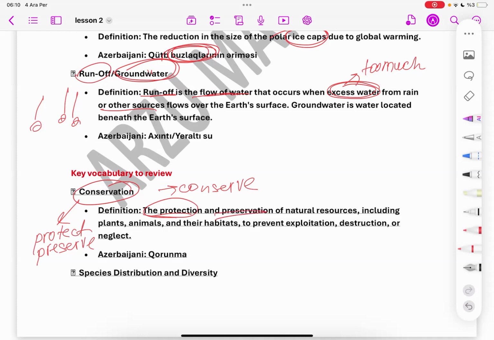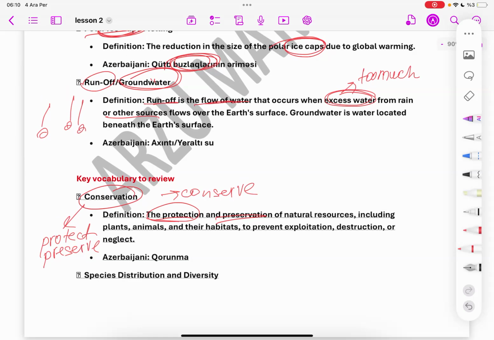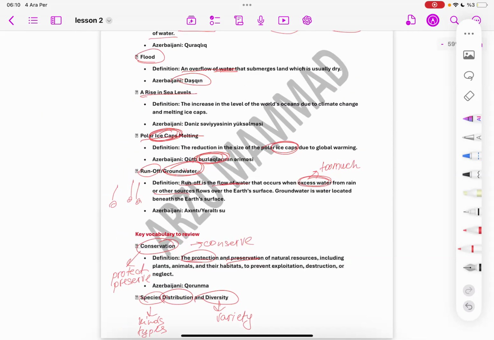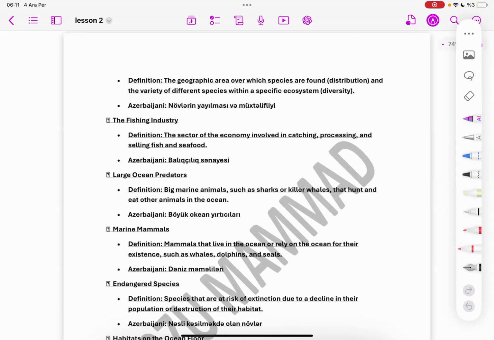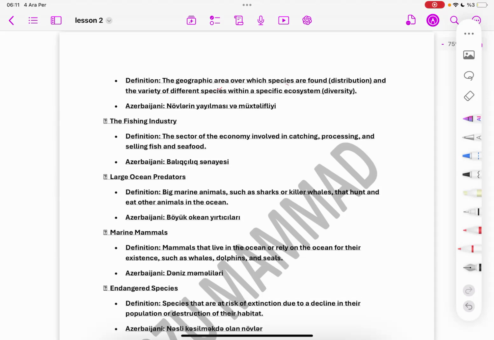Conservation is protection and preservation. Species, these ones are kinds, types. Distribution and diversity. We have already discussed diversity, like variety. Keep synonyms in your mind, okay? The geographic area over which species are found, distribution, and the variety of them, diversity.